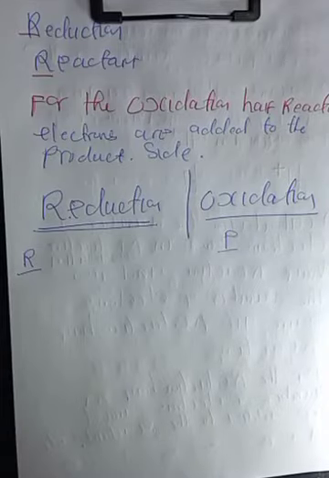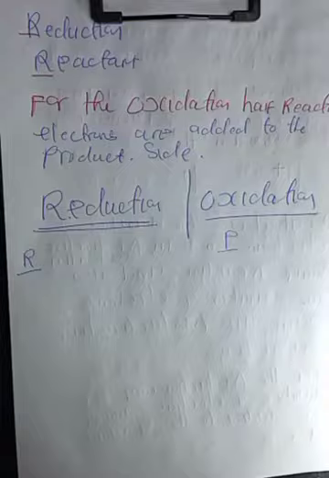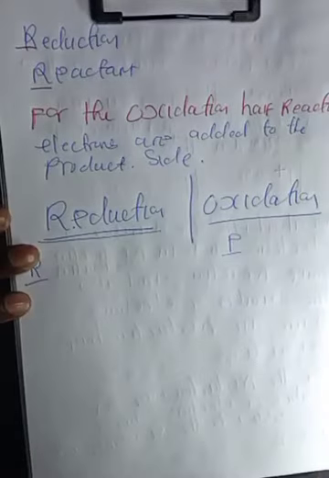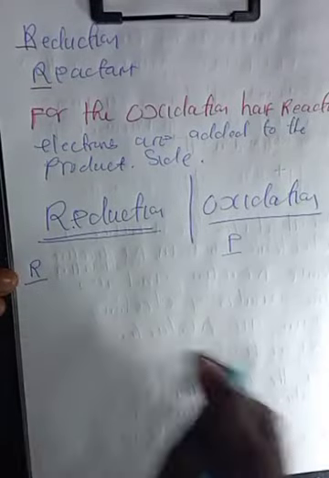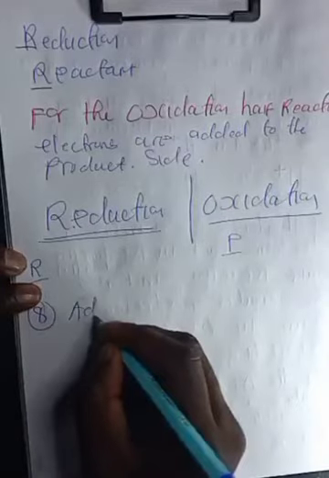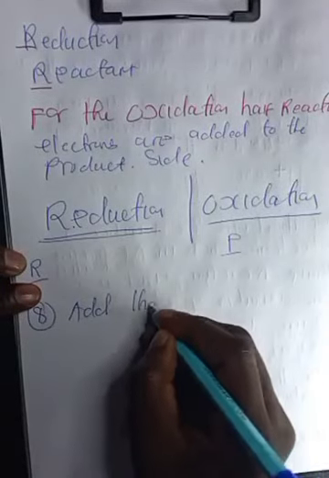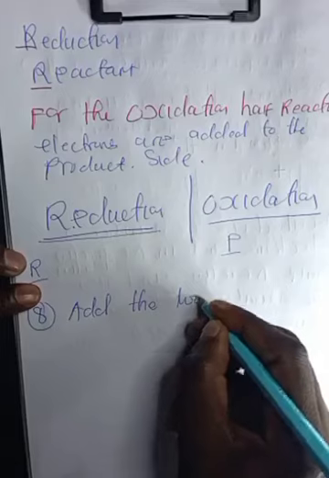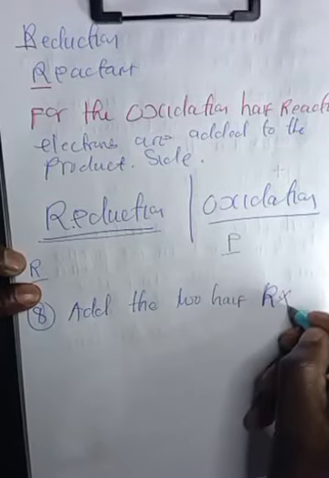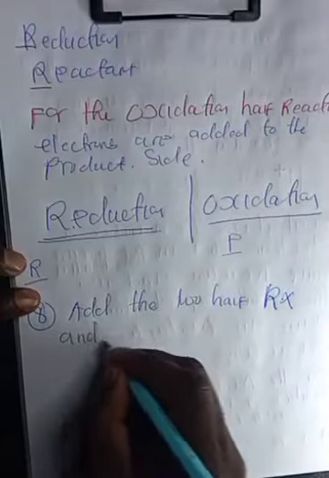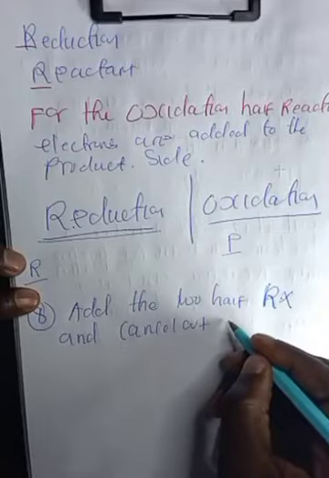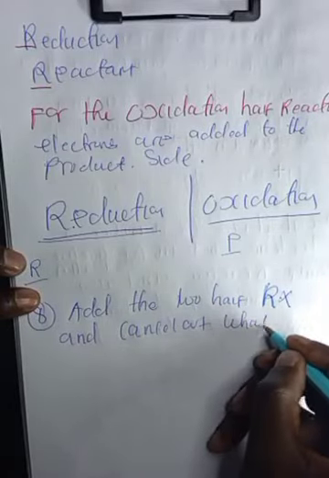So after this, now we can proceed to the last one, which will be number 8. So 8 will be: add the two half reactions and cancel out what is common.